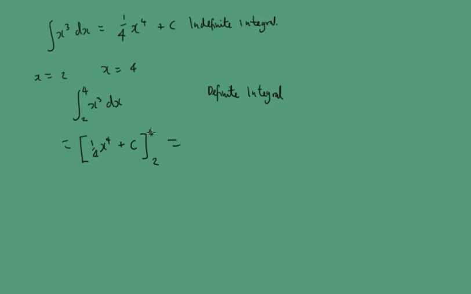Now we take the top number first. So we would have a quarter 4 to the power 4 plus c minus. Now later in the next video we're going to be looking at using the integral to find the area under a curve, and that will then explain why we do a subtraction.